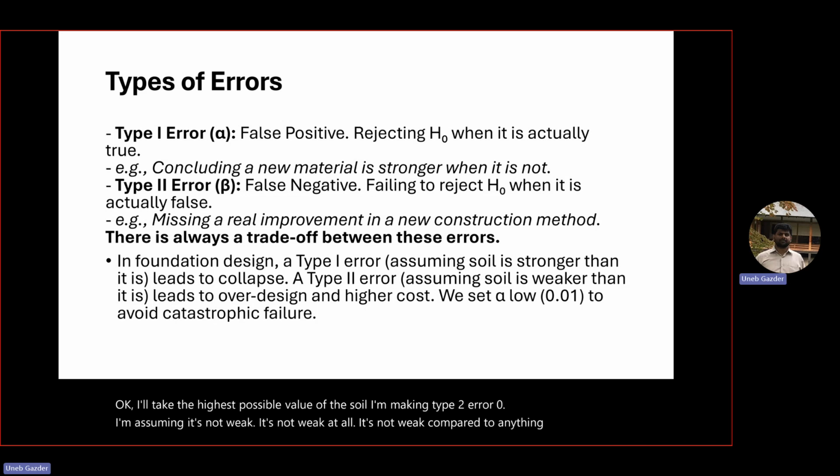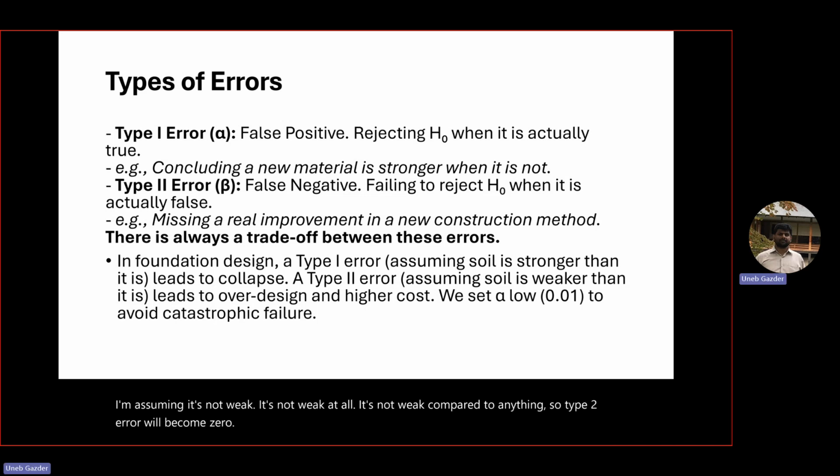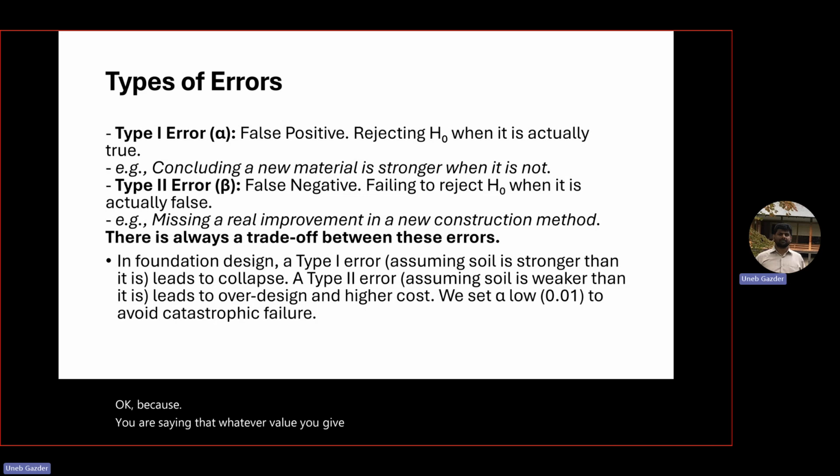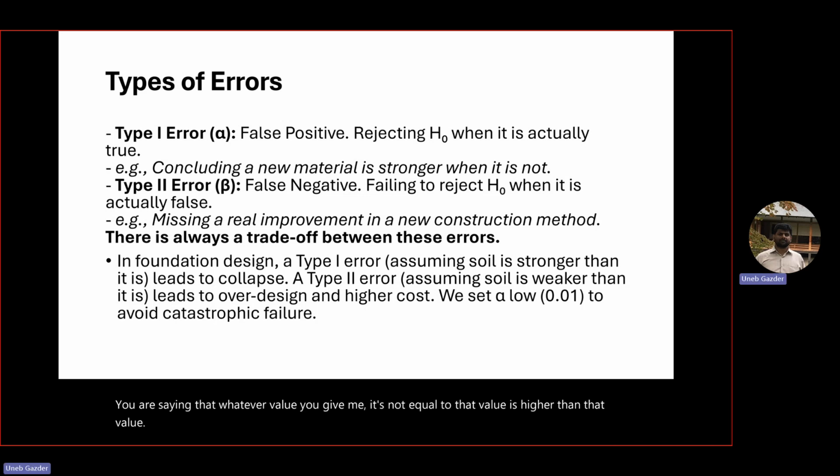So type 2 error will become 0. If I take the highest value, this will never happen, because you are saying that whatever value you give me, it's not equal to that value. It's higher than that value. So this error becomes 0.